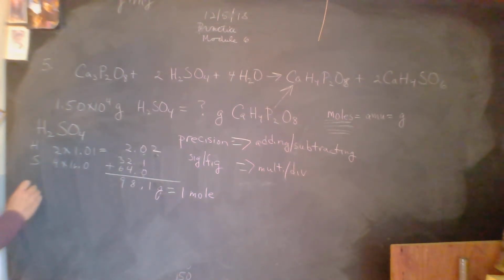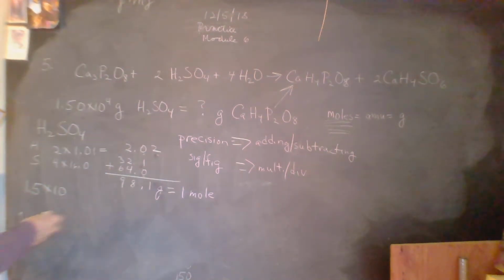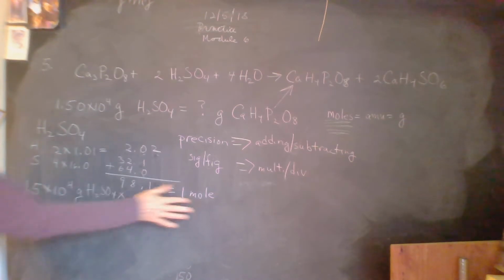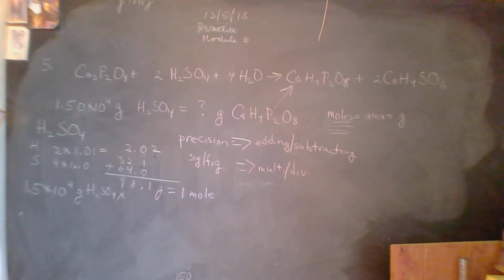Have we been dividing with our conversion factors at all? No. We've been setting up a multiplication, and that's what we're going to do again. 1.5 times 10 to the 4th grams H2SO4 times, now, what's the correct conversion factor? Here are my 2 numbers. I'm not going to write them out this time.